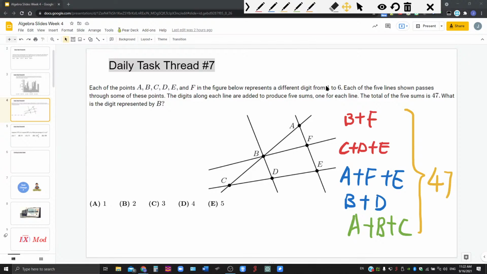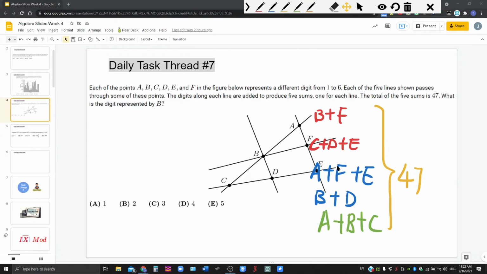And this could look quite confusing, like you have 6 variables. How could you solve for 6 variables? And here, actually, you don't have to solve for all 6 of them. We only need the B, and we can solve for B using the relationships. Now, to begin with, we'll set up an equation. We know all of them add up to 47, so let's just add them up.